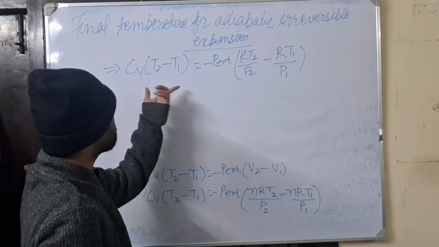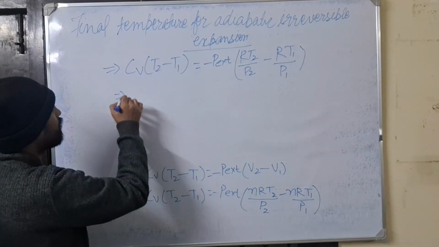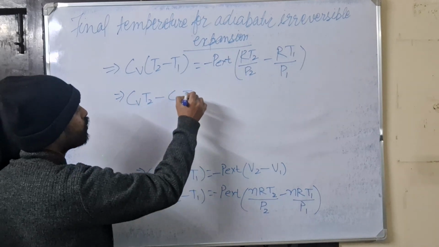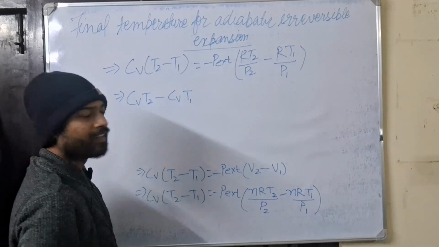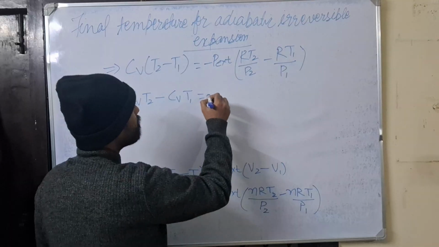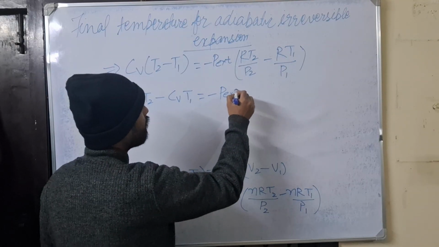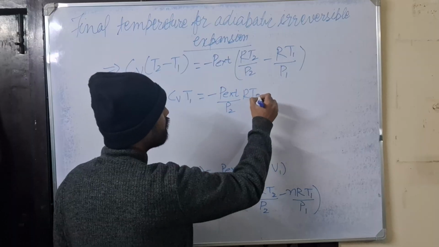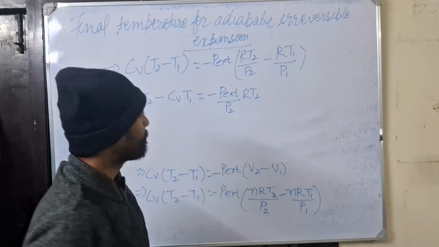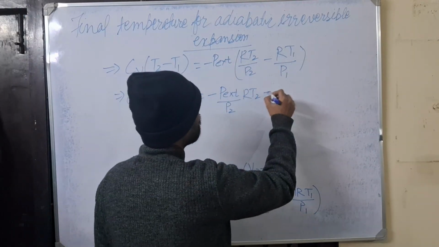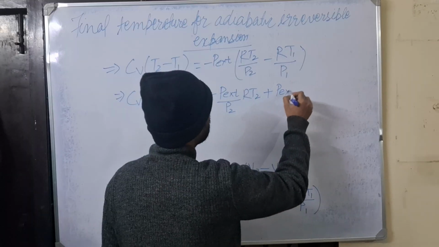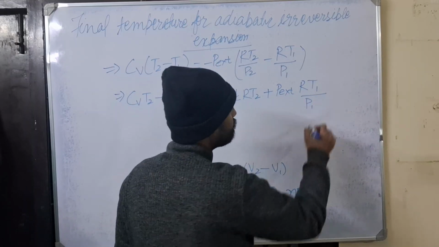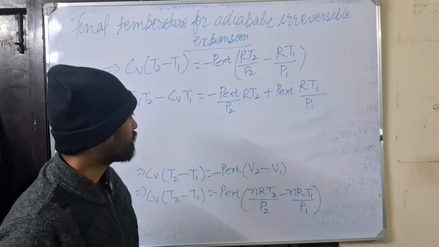Correct? Now let us expand it. This becomes Cv into T2 minus Cv into T1 is equal to minus P external upon P2 into RT2, and minus minus plus P external RT1 upon P1. Hope this much is clear.